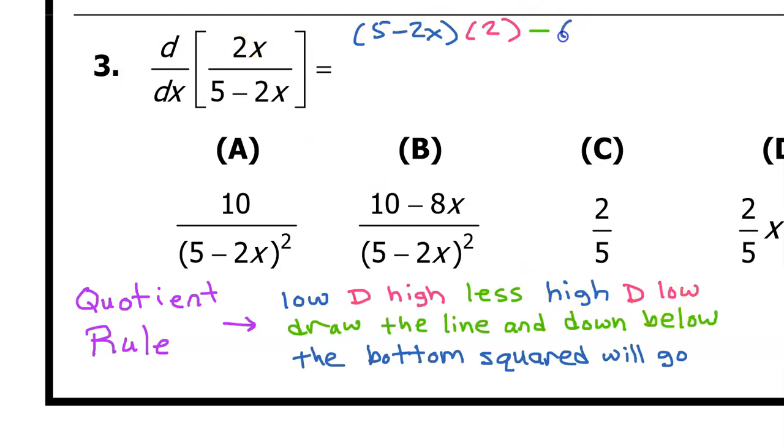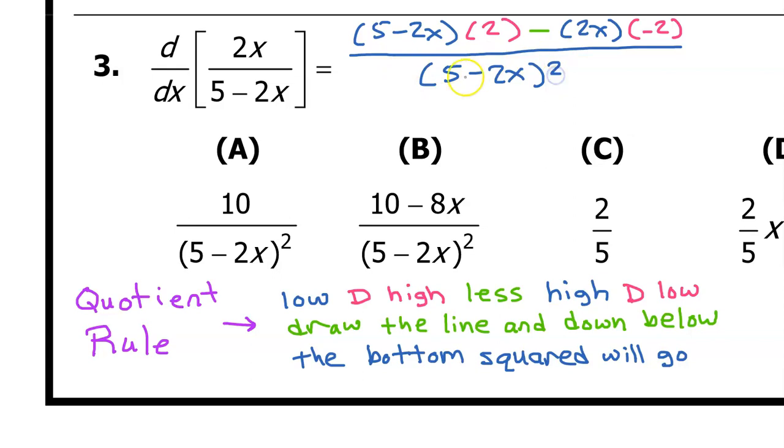So high is 2x. And then D low, the derivative of the bottom. This will be negative 2. Draw the line, and down below, the bottom squared will go. So that's the meaning of the poem.